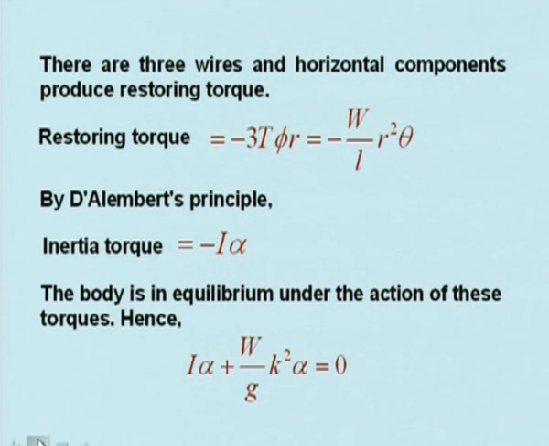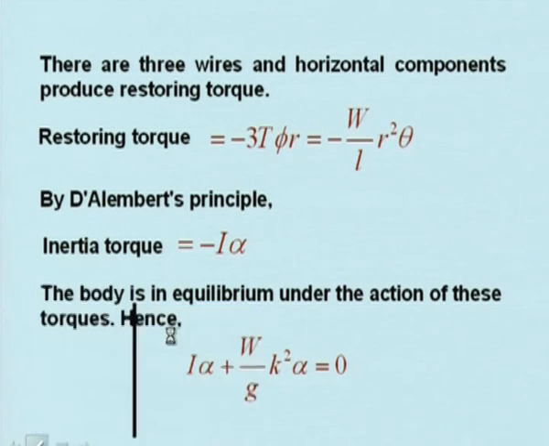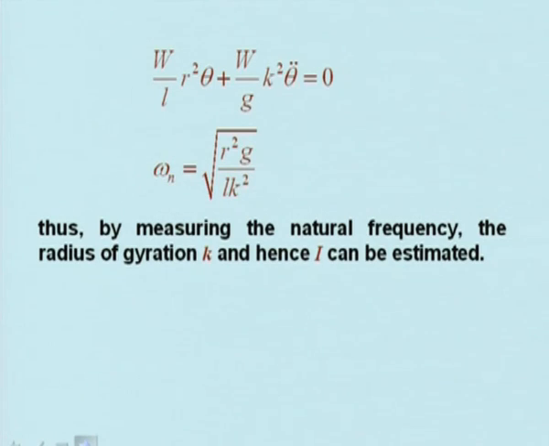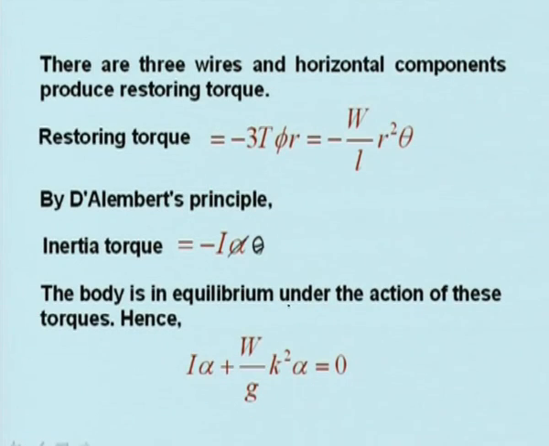If the disc rotates by theta, the restoring torque is W by L r square theta, and the inertia torque is I theta double dot.